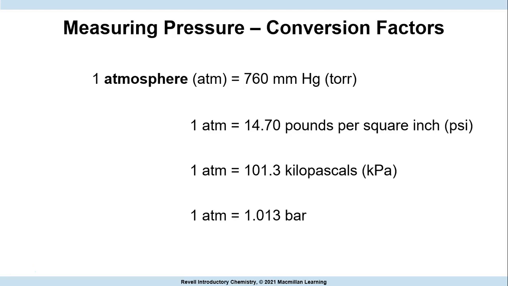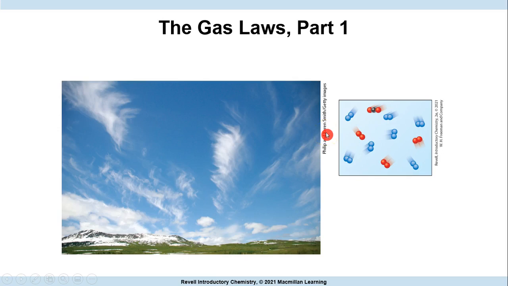So pressure could be measured in units of bar, atmosphere, kilopascal, pound per square inch, millimeters of mercury, or torr. So you need to know how to convert between any of these because you will be using them in calculations.